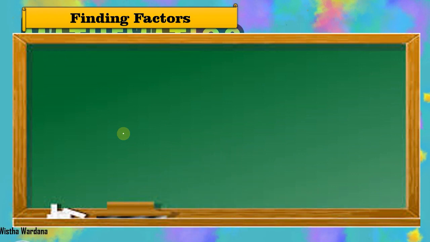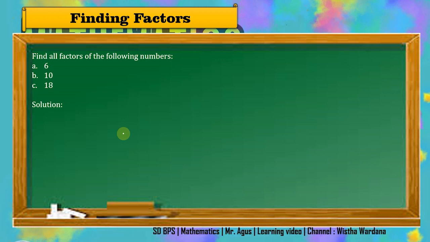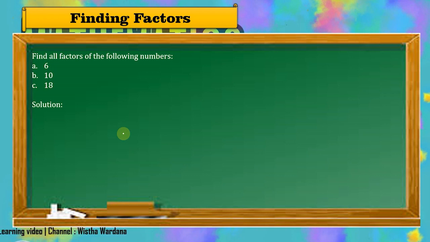In the next slide, we have to learn how to find the factors of a given number. Find all factors of the following numbers. If you want to find the factors, you have to remember multiplication again, but especially how to check the given number using the test of divisibility.